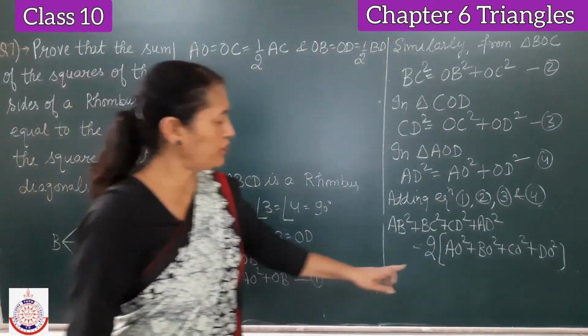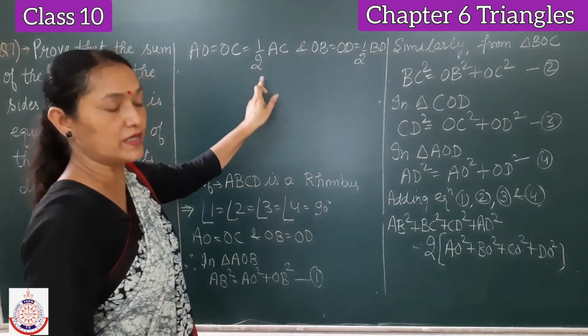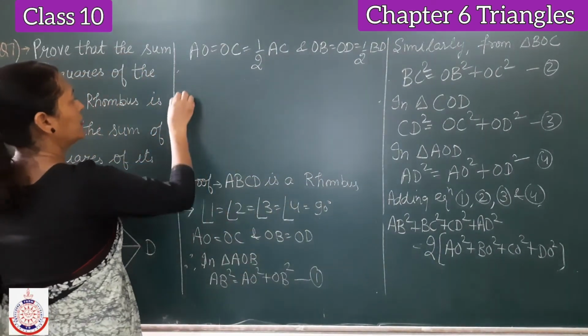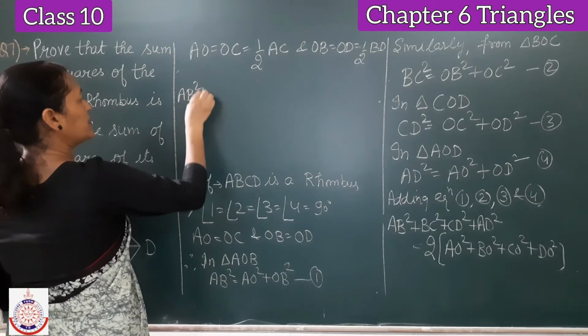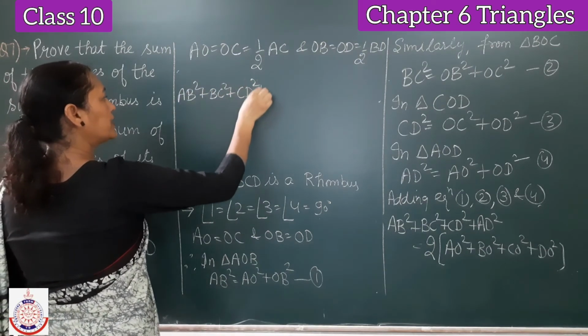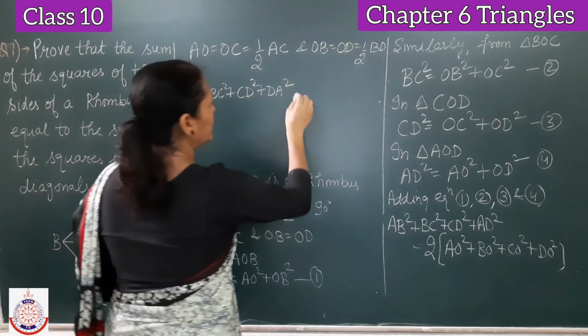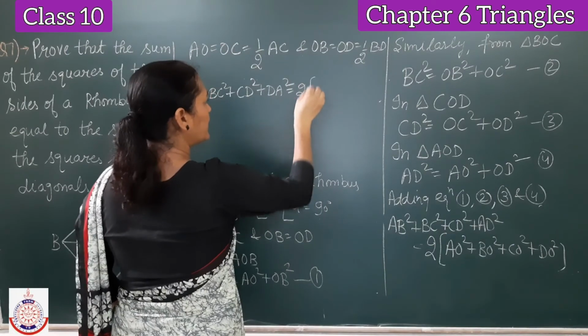So in place of AO, if we write half of AC, that means we will be having AB square plus BC square plus CD square plus DA square is equal to 2, which is already there.